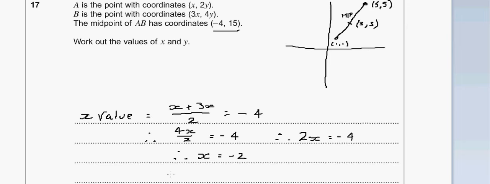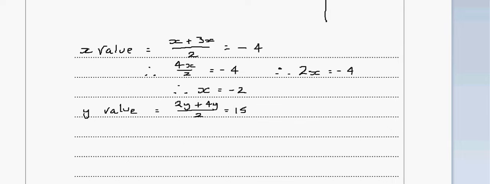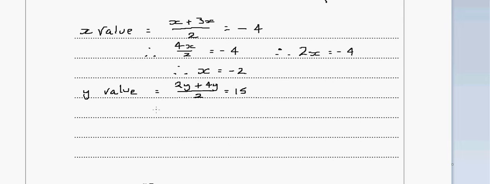Now for the y values, I'd write the y value would equal 2y plus 4y. This would all be divided by 2, and that will equal 15. Okay, so all we do now is 2y plus 4y is 6y divided by 2, and this will equal 15.